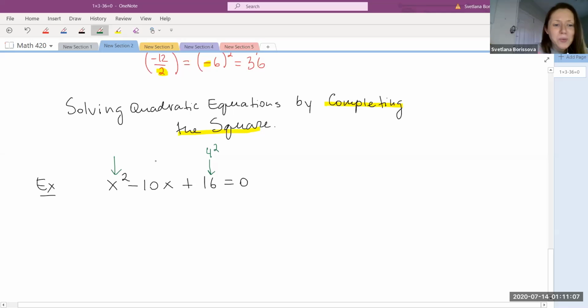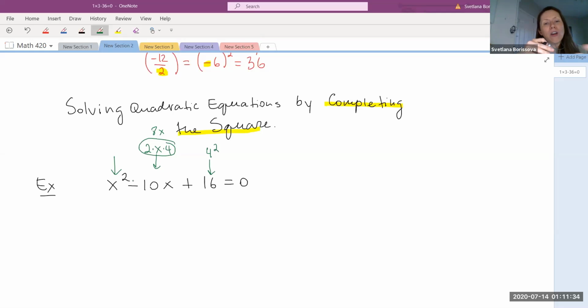So the double product would be 2 for double times the first thing that was squared, that's x, times the second thing that we're squaring, which is 4. But notice that that gives me 8x, not 10x, or negative 10x. So that means that what we have right now is not following the pattern for the perfect square trinomial.